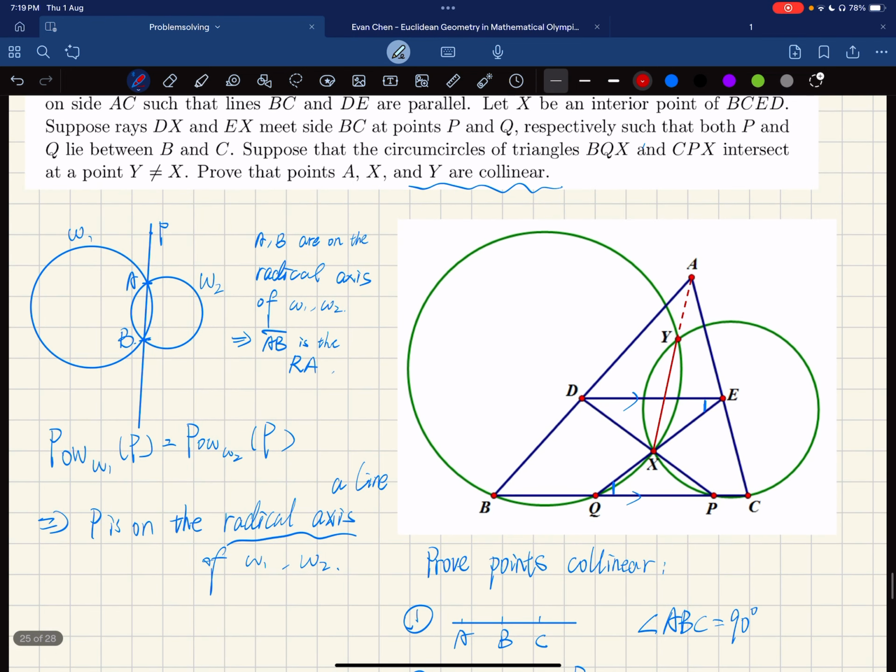We should try to prove that angle AYD plus angle XYD equals 180 degrees. But what is the connection between D, Y, X, and A, of course?